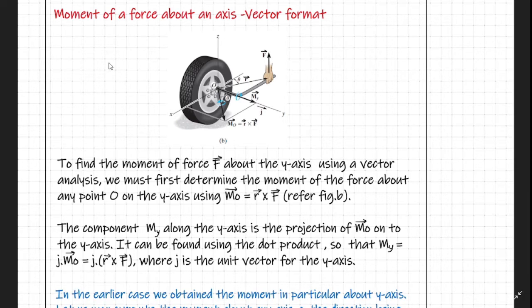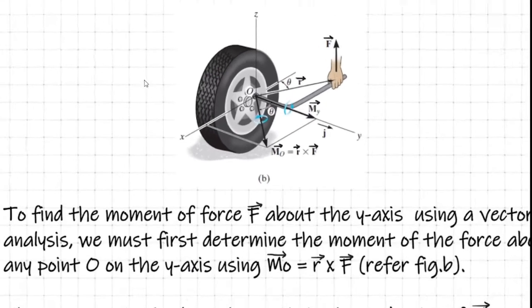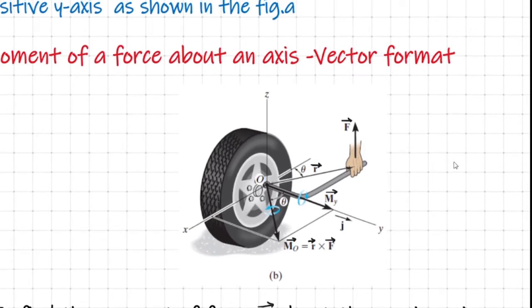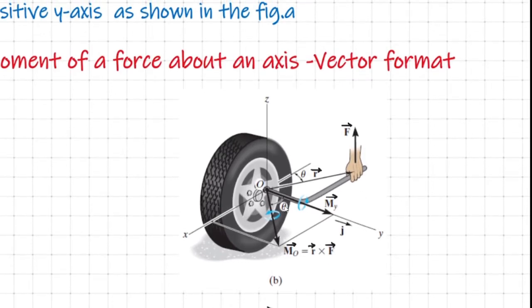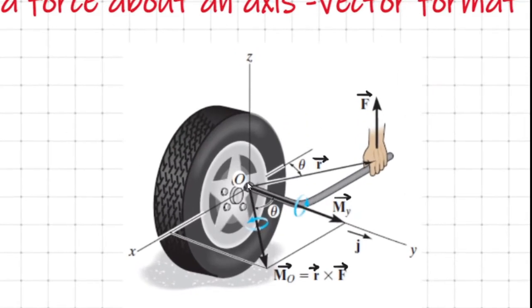So let us start our discussion on the moment of a force about an axis in the vector format. In order to explain the concept, the same example of a car tire fitted with a lug nut is shown here. As you can see, it's the same wrench. Vector F is applied at one end of the handle, O is the lug nut, and this is my y-axis.